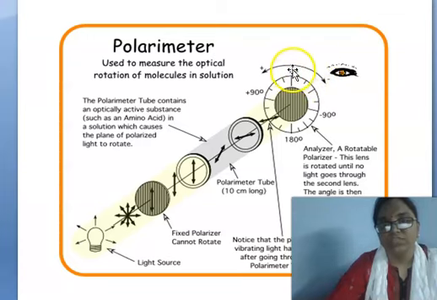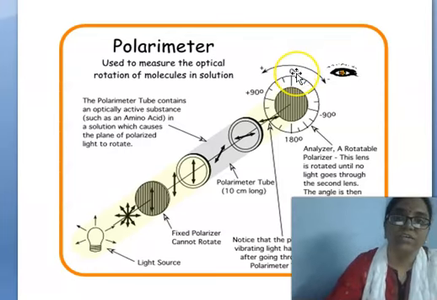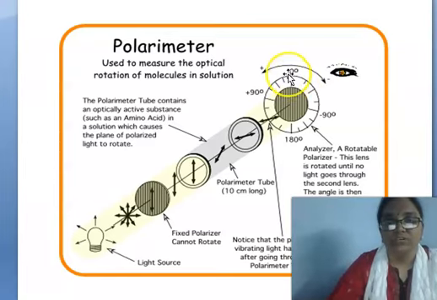If it is rotating in the clockwise direction, we call it a dextrorotatory compound, and if it is in the anti-clockwise direction, we call it a levorotatory compound. Normally the dextrorotatory compound is denoted by the symbol plus, and the levorotatory compound by the symbol minus.